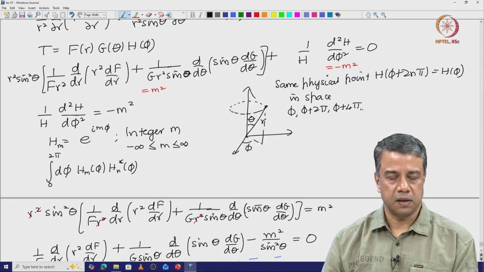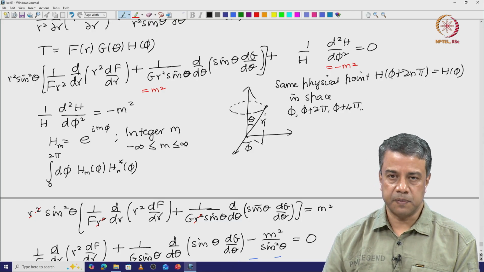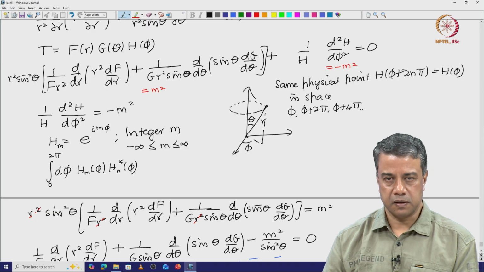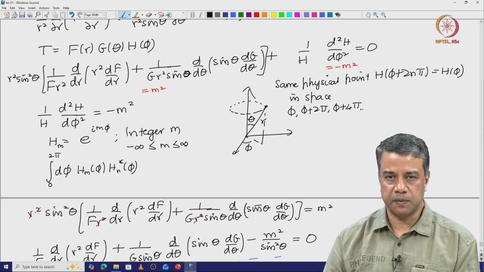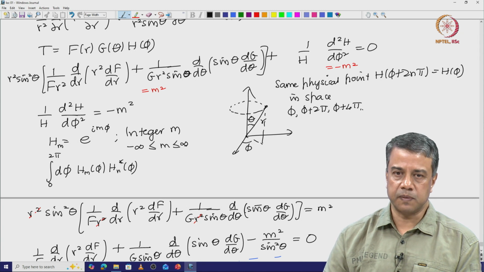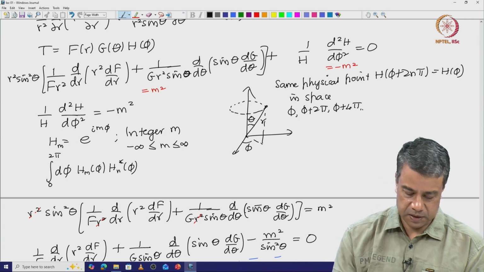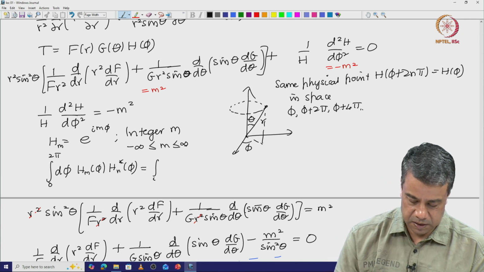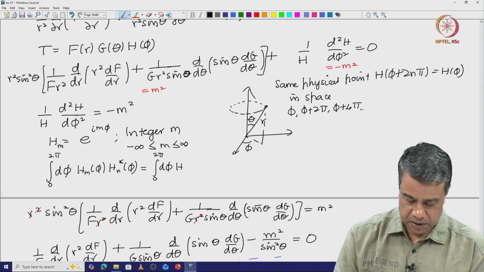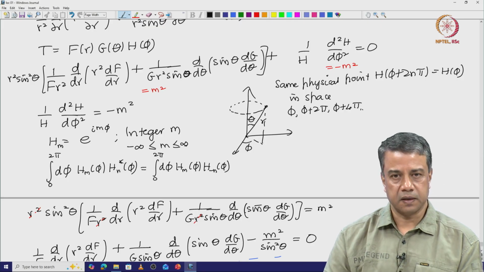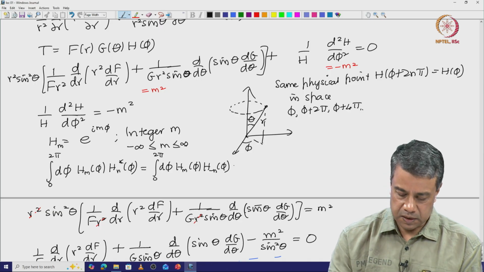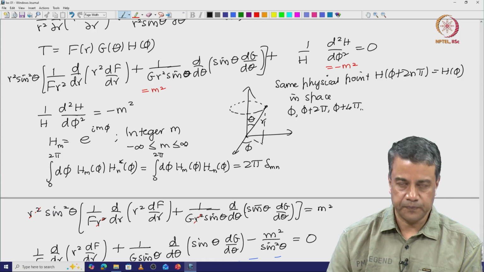The complex conjugate of e^(i n φ) is equal to e^(-i n φ). So, this is also the same as integral 0 to 2 pi dφ h_m of φ h_minus n of φ. This is equal to 2 pi times delta_mn.